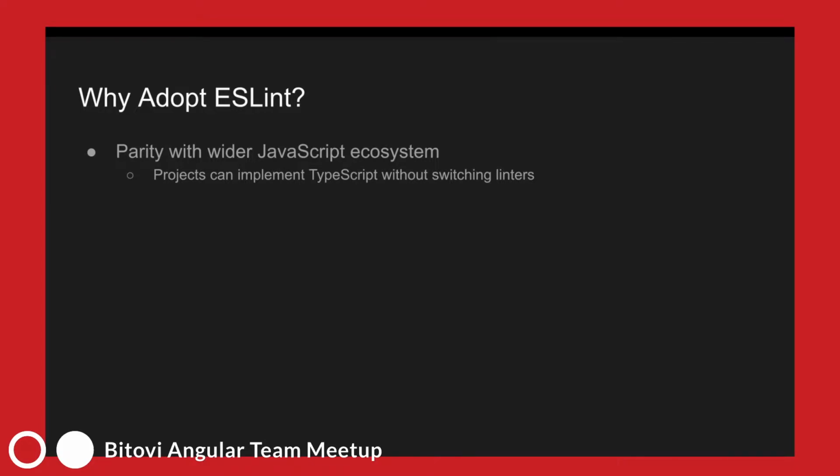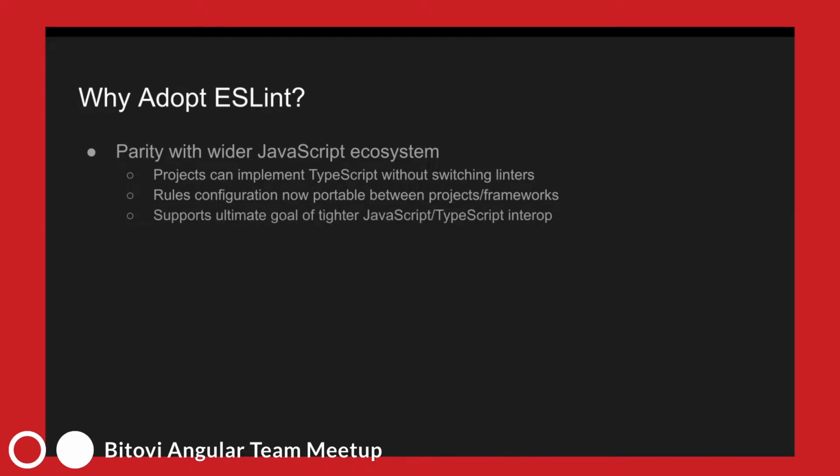Some nice benefits of working with ESLint as opposed to a dedicated TypeScript linter is if you have an existing project that you're trying to add TypeScript to somewhat incrementally, you don't have to switch linting frameworks in order to do that. Your rules configuration, which will probably not change that much between different projects or frameworks, is now a lot more portable since you only have the one linter to worry about. And this just goes towards the wider community goal of tighter interop between JavaScript and TypeScript.